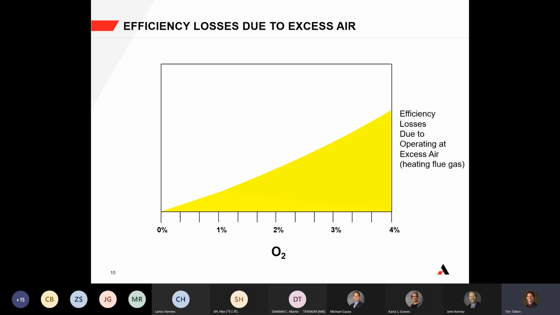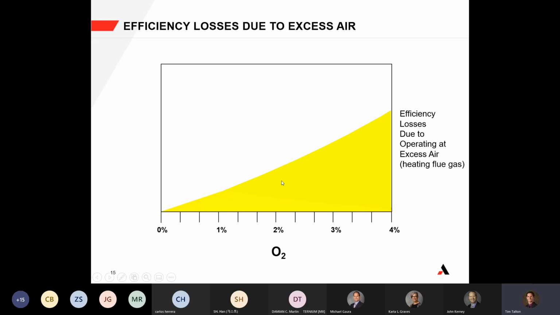So I just told you that we have to operate with excess air. 0% represents perfect stoichiometric conditions, where you have a perfect 1-to-1 ratio of oxygen to fuel. As you increase the amount of air that you require to operate your process, the excess air on the outlet increases, and you actually have to use more fuel to heat up that excess air that's not used.